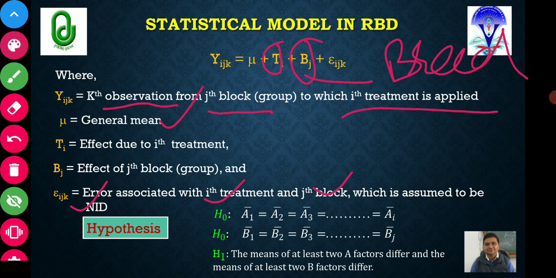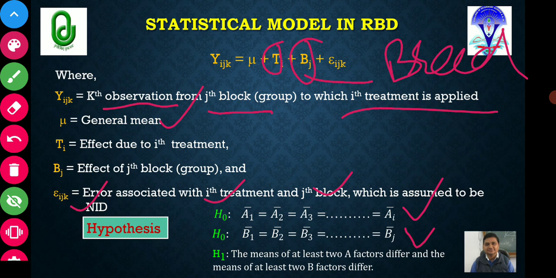That was for the treatment. Another is for block or breed. Suppose you have 4 breeds in this example. So you write B1 bar, the mean of breed 1, is equal to B2 bar, the mean of breed 2, and it will go on up to Bj bar, the mean of the jth breed.